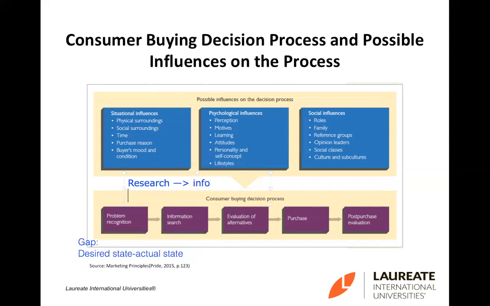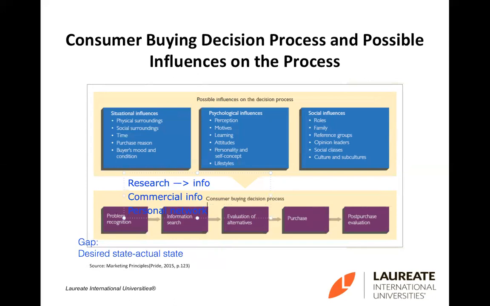Now, in terms of researching, there are several types of sources, but the two that I'd like to discuss are the commercial information, and the other one is the personal network, the customer's personal network.